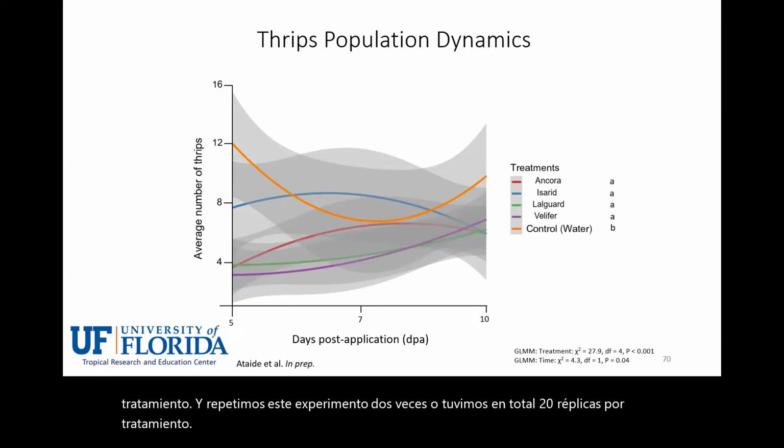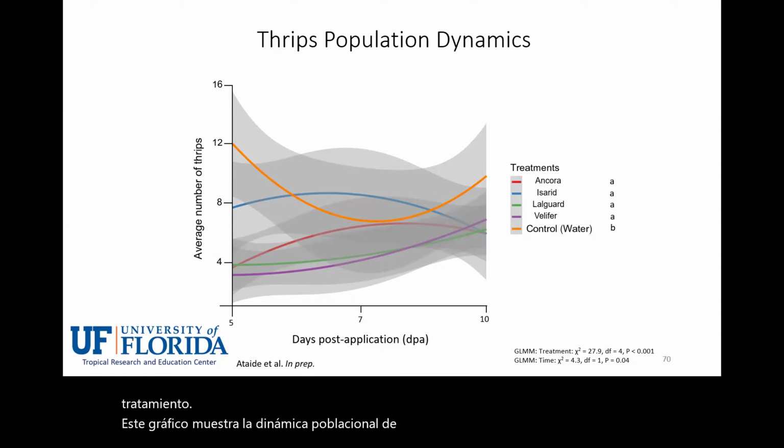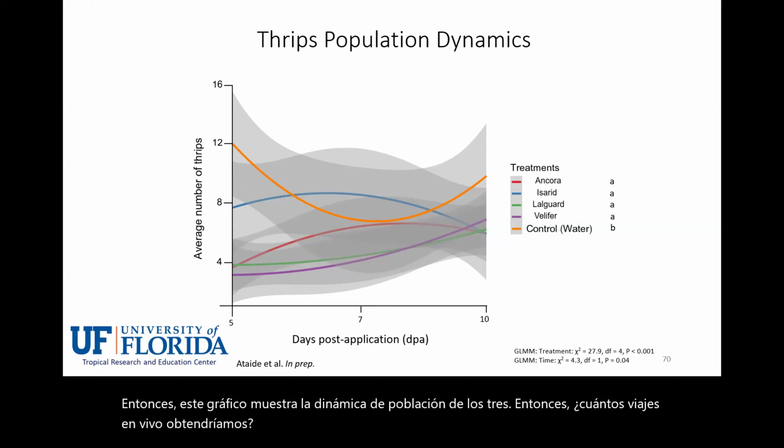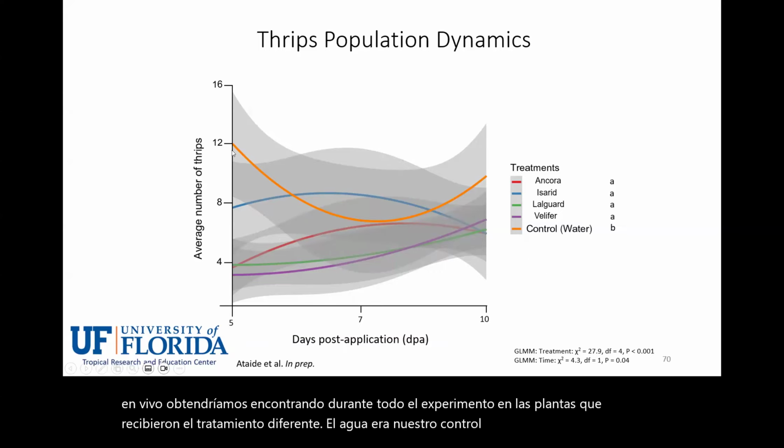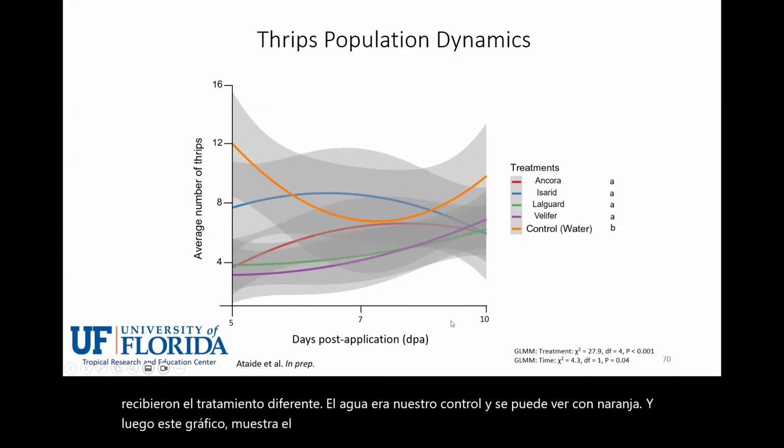So this graph shows you the population dynamics of the thrips. So how many live thrips we would find during the entire experiment on the plants that received a different treatment. Water was our control, and you can see it with orange. And then this graph shows you the average number of thrips over the course of the experiment.